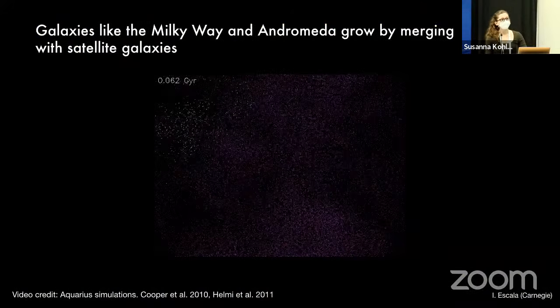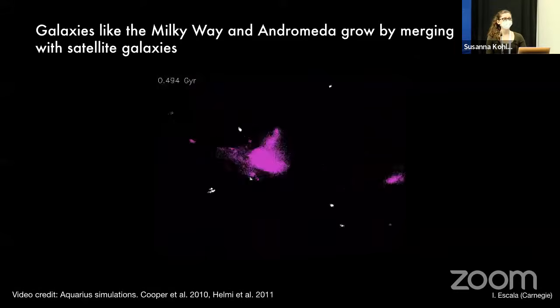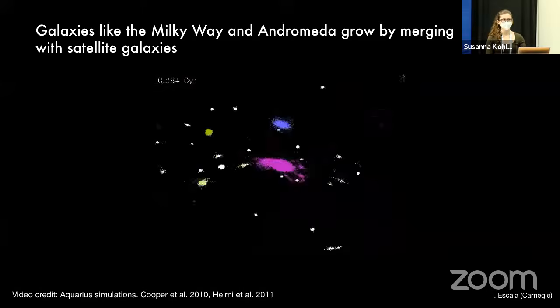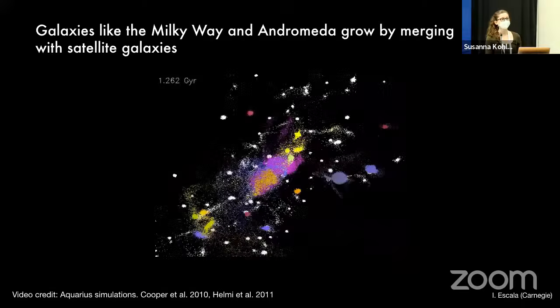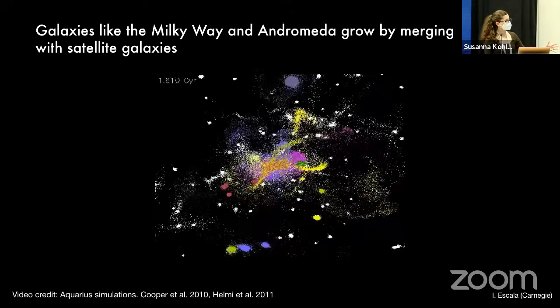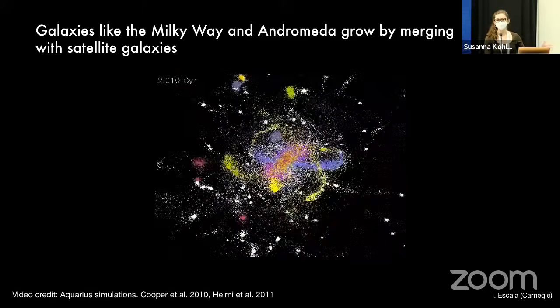The reason that we're interested in studying things like tidal shells is because they can tell us about a galaxy's merger history. Galaxies like the Milky Way and Andromeda grow by merging with satellite galaxies. This is a simulation from the Aquarius simulations that illustrates this process.